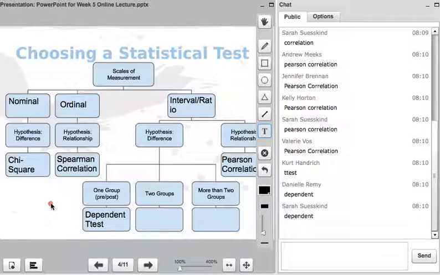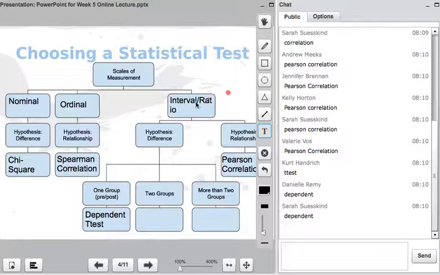But if you remember, a one-tailed t-test is when the researcher specifies which direction the data is going to go, whether the researcher thinks the data is going to go up or down. Both of those would be a one-tailed t-test, because the researcher specifies which direction it's going to go. If the researcher is just looking for any old difference, then it would be a two-tailed t-test.